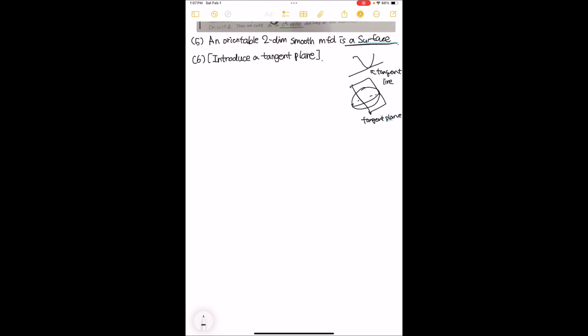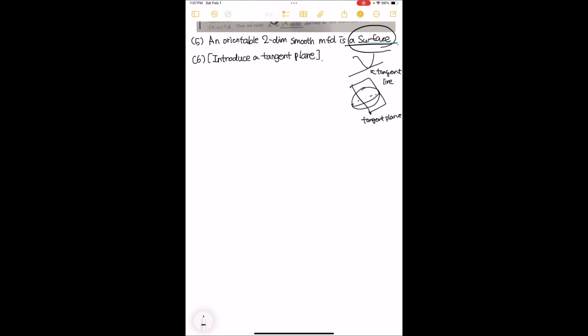Surfaces are defined in differential geometry by introducing a proper patch. A surface is simply an orientable two-dimensional smooth manifold. Smooth means infinitely differentiable.